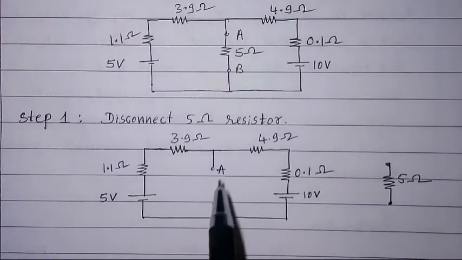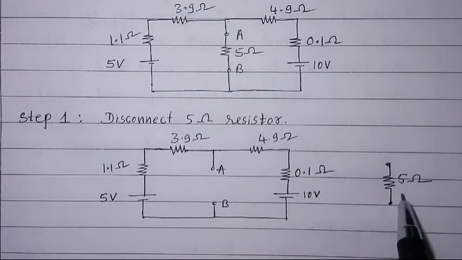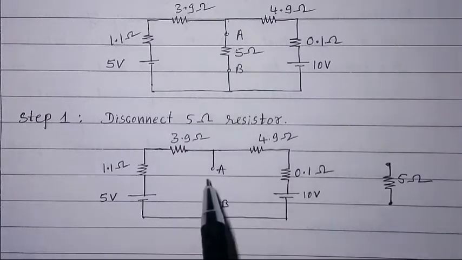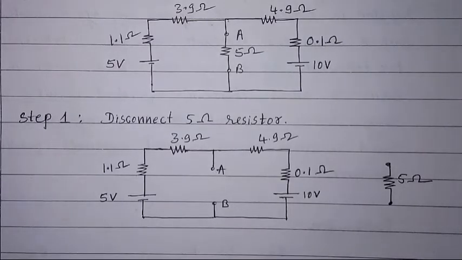You can see here, when 5 ohm resistor between terminals A and B is disconnected and kept aside, terminals A and B will become open circuit terminals.